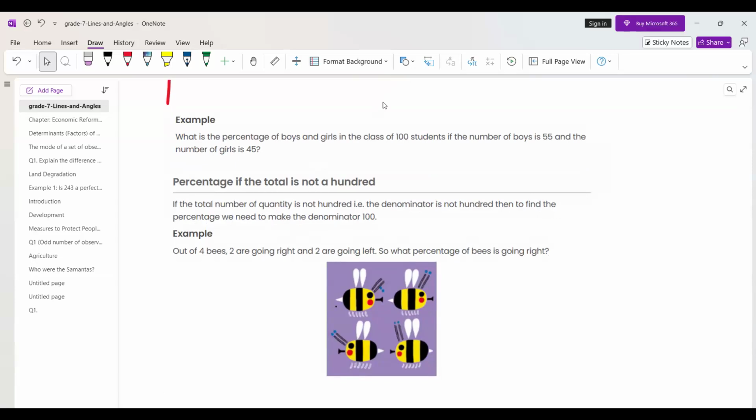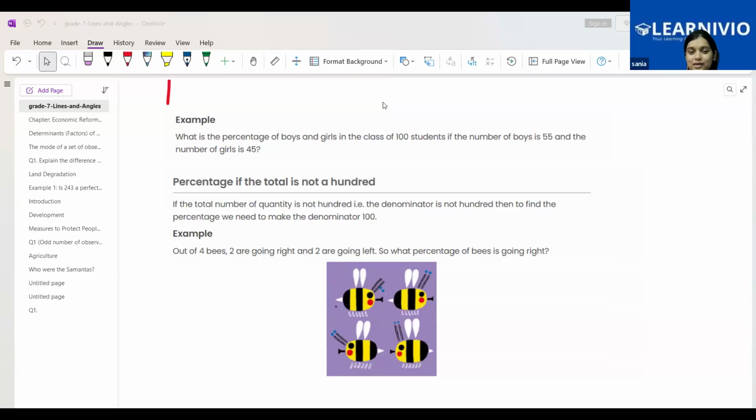Oh, yeah. This one we simplify. So, 4... no, not 4. Yes, 2. So, 4, 200. Yeah, ma'am, it's the same thing only.